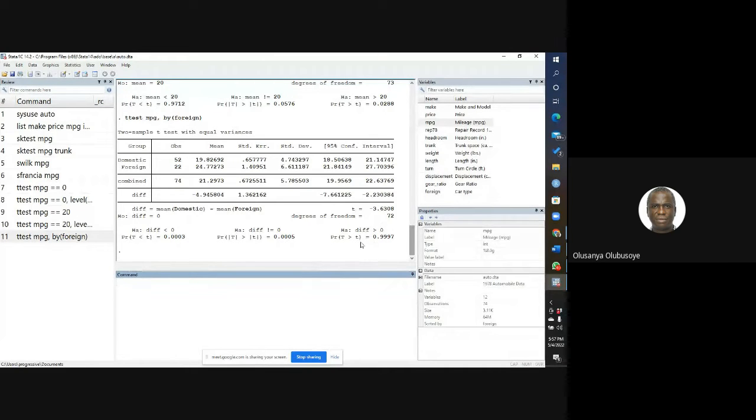So we can notice that they are not the same, because if you compare this with your alpha level, you are going to reject the null hypothesis. So they are not the same, but it's even clearer now here that the domestic is smaller than that of the foreign.